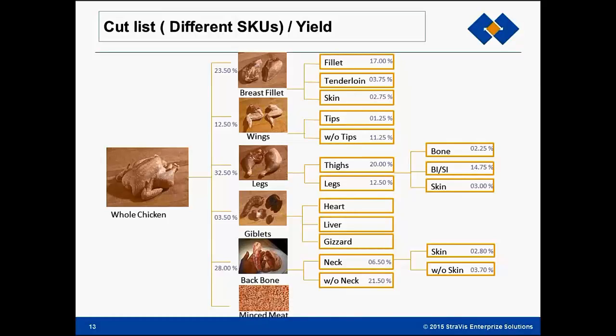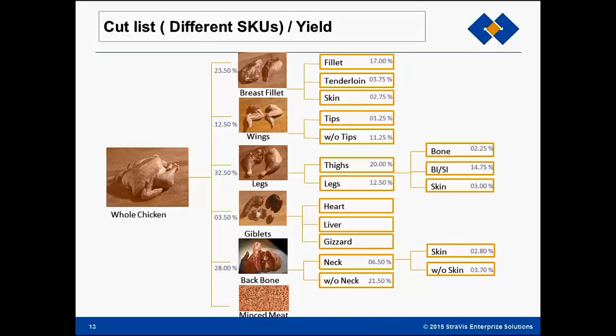This slide talks about the cut list of chicken. Basically, these are the different SKUs per yield. If you take one whole chicken, it consists of multiple parts. Breast fillet is the most valuable part in chicken.